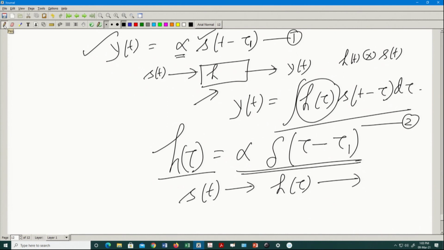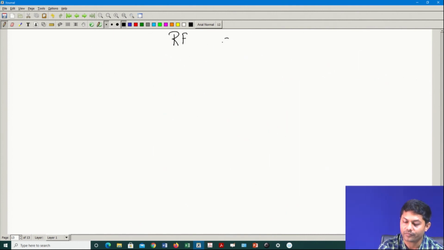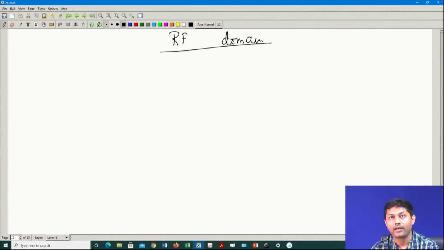So, when I am in the RF domain, I am looking at it from the RF domain point of view. I am basically modeling antenna to antenna.